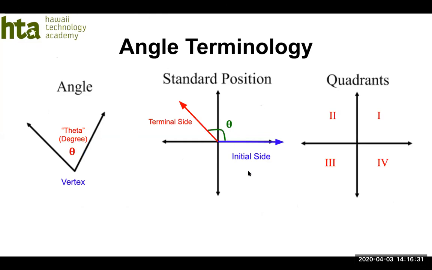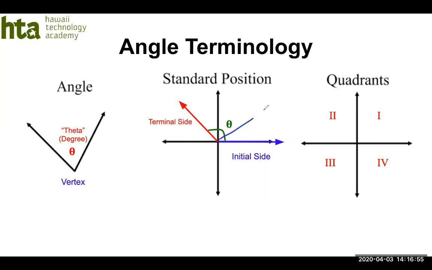Standard position of an angle means the initial side is on the x-axis, okay? And it's on the positive side of the x-axis. So when the initial side is located on the positive part of the x-axis, that means this angle is in standard position. Wherever the angle ends is that terminal side, okay? So a terminal side is where the angle ends.